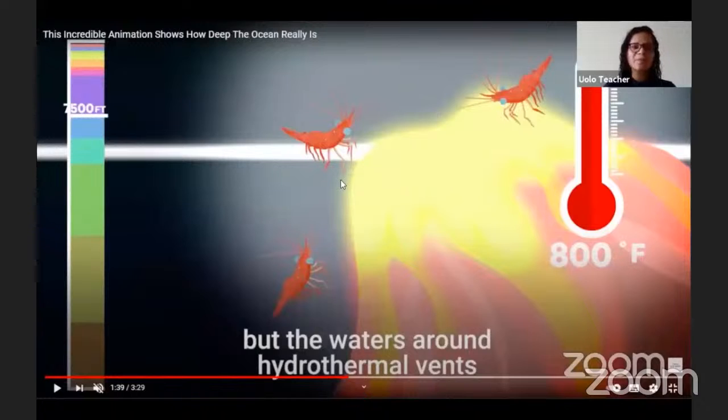And where are they usually found? Near the scalding hot water volcanoes. There are also hydrothermal vents. And what do they do? They keep the water hot, just a few degrees above the freezing point. That's right. Did everyone get it?